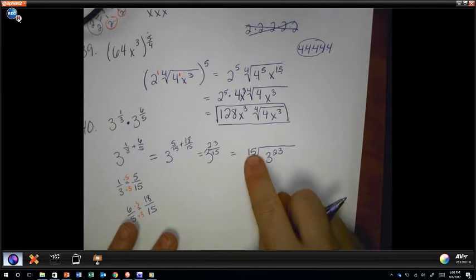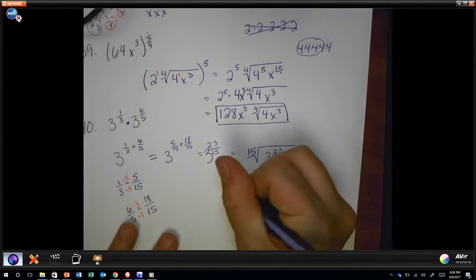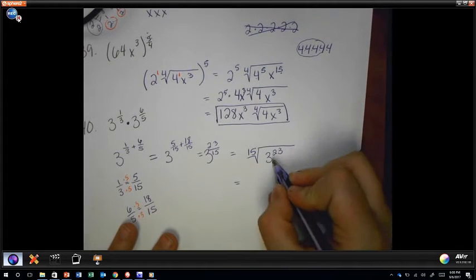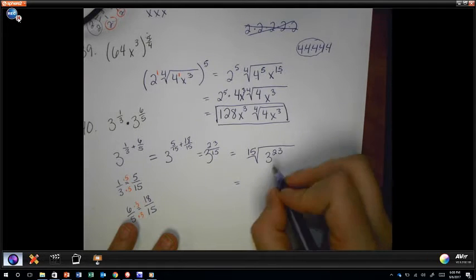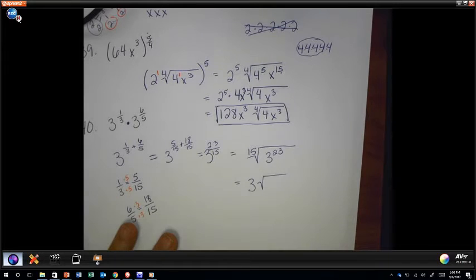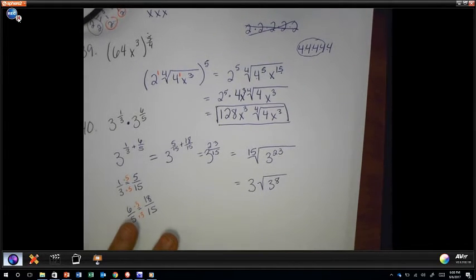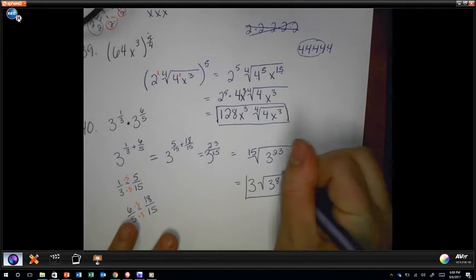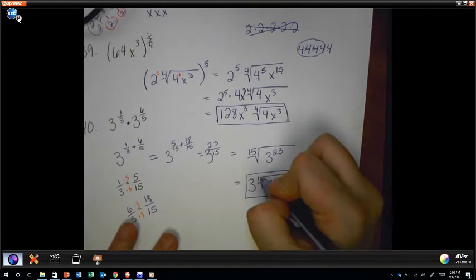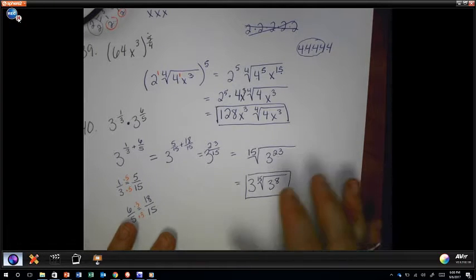Remember, if your index is lower than your exponent, you can take some out. 15 goes into 23 once, with a remainder of 8. So my simplified radical form would be 3 to the 15th root of 3 to the 8th. Wow.